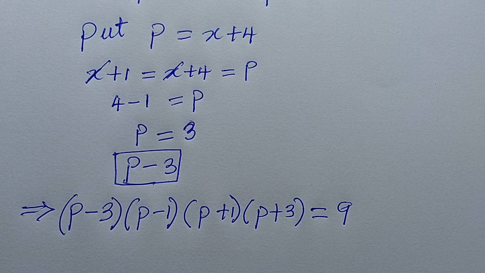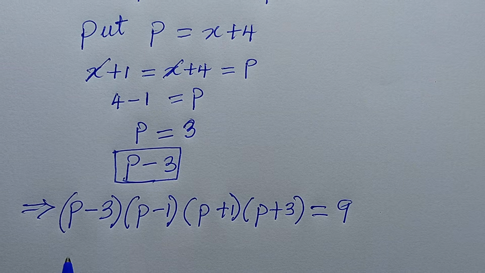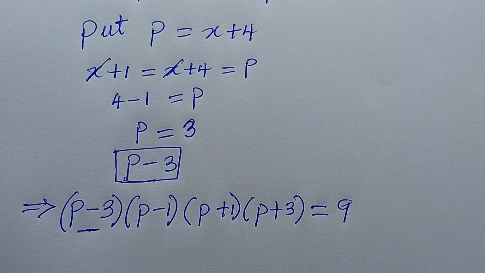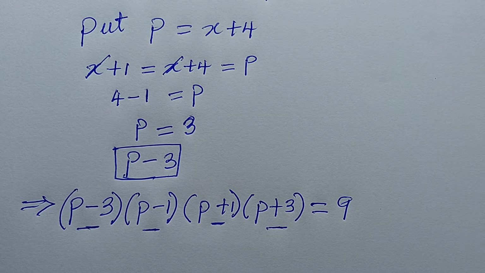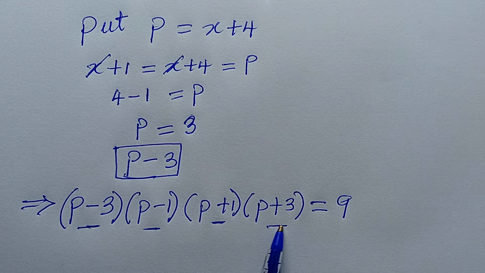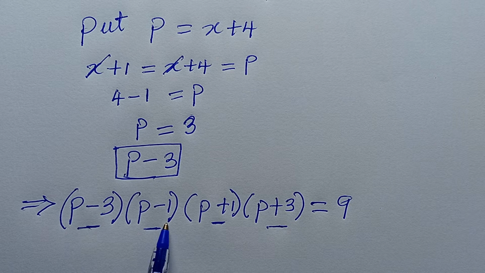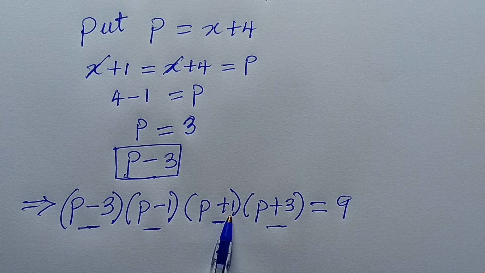Okay, now with what we have here, you discover that we have p minus 3 and we have p plus 3. We have p minus 1, we have p plus 1. So we can use this to multiply this, and this is multiplying its own conjugate. And this will also multiply its own conjugate.